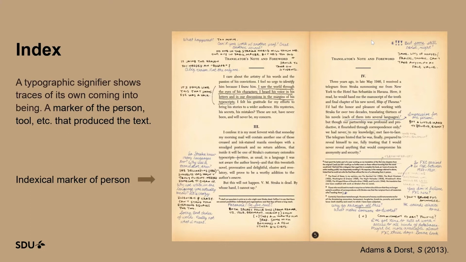Now, what I wanted to use this example for was to talk about the handwriting, because that can, of course, be seen as material traces of the people who wrote the notes, authenticating Jen and Eric to the readers. And therefore, of course, it's a good example of indexical typographic meaning.